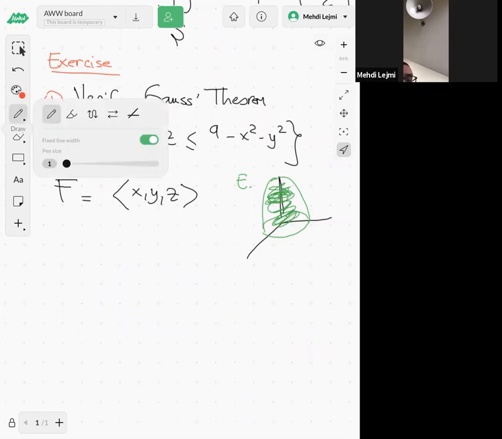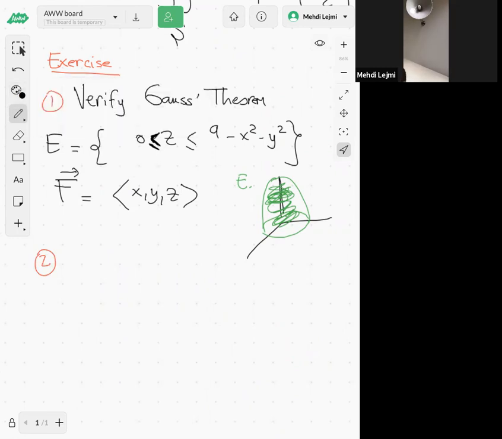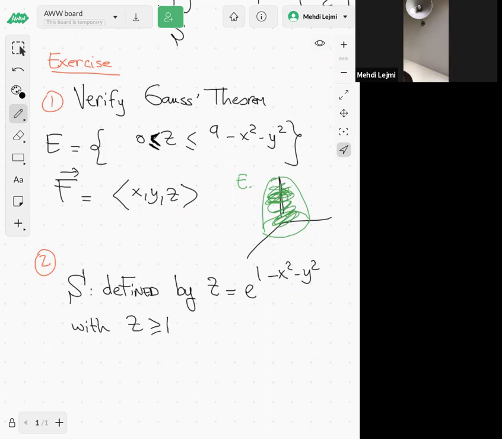I'm sorry, I'm taking just 1 more minute to finish writing down this second exercise. So let's say surface S is defined by z. This is similar to the second example we had. So z equal to e to the 1 minus x squared minus y squared, with z larger or equal to 1.